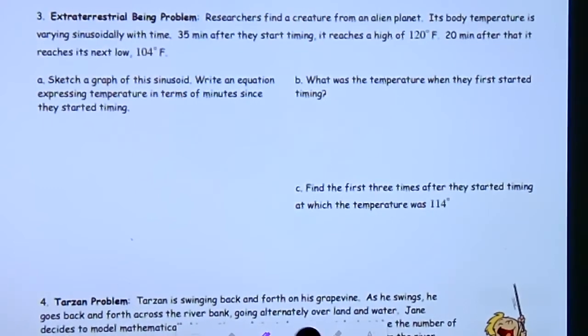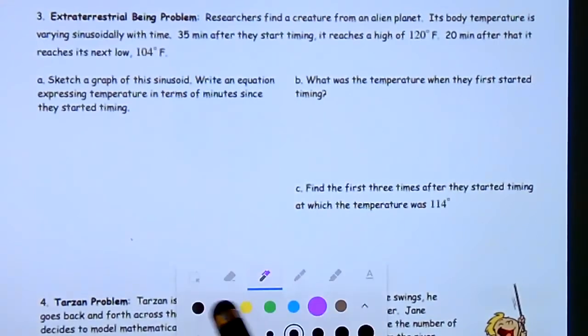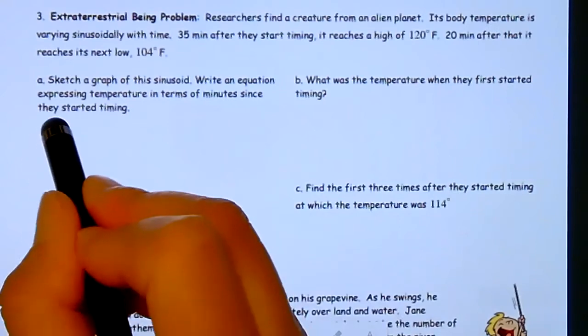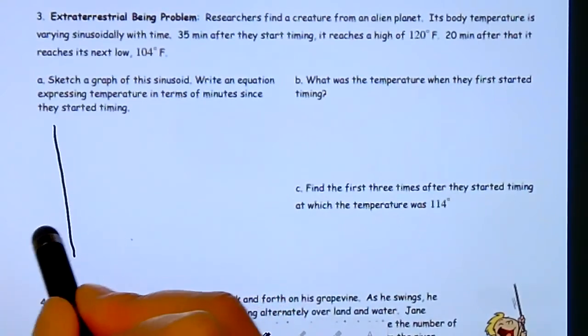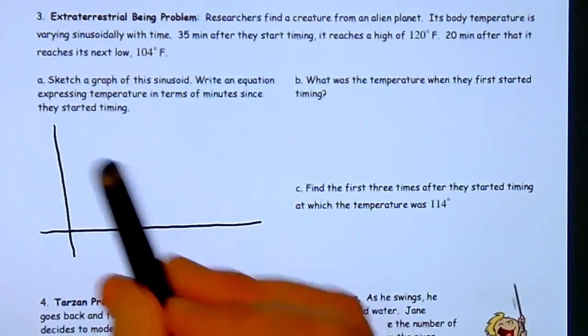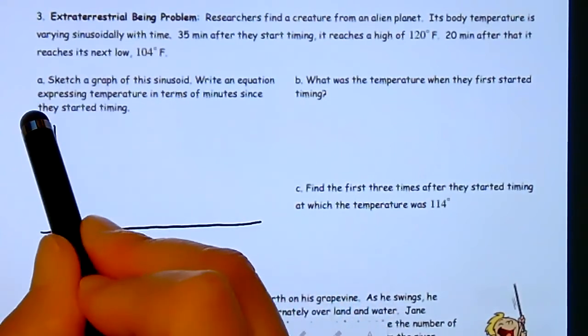So let's get a picture going here. So my high is going to be 120, my low is going to be 104. This will draw on my high of 120.